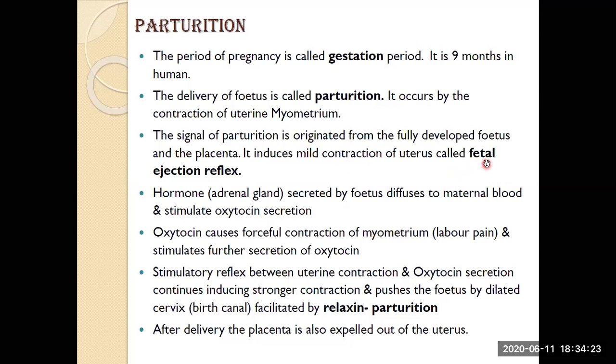So this is called the fetal ejection reflex. Technically, the signals of parturition, which originate from the fully developed fetus and the placenta, induce very slight contractions of the uterus, called the fetal ejection reflex, that start the process of parturition.